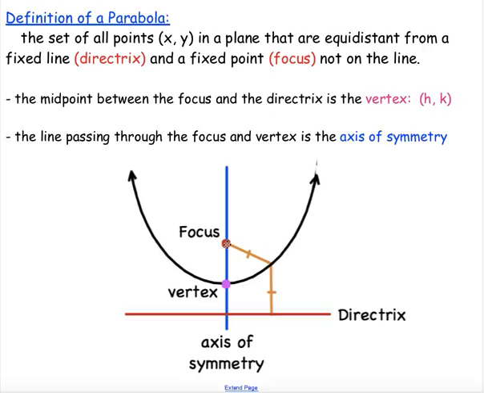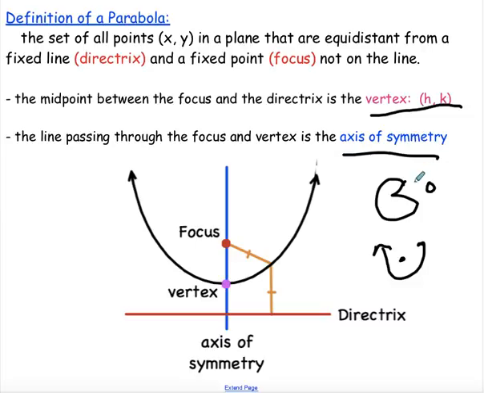The focus will always be inside the parabola. So you can kind of think of it like Pac-Man eating those little dots. So it's sort of the same thing. A parabola is going to have the focus on the inside. We call the vertex (h, k), so very similar to the center of the circle from yesterday.